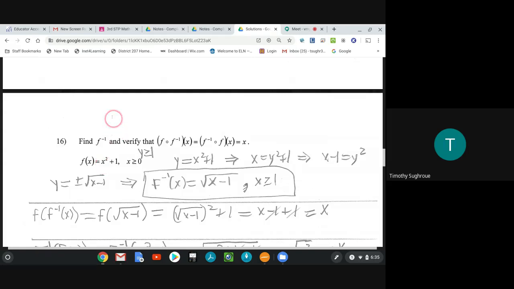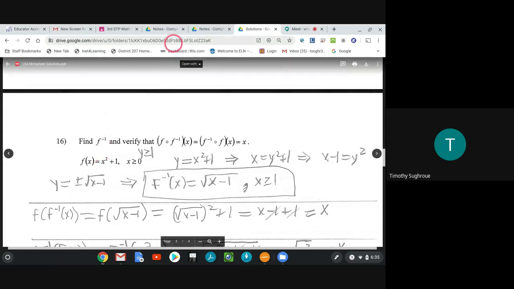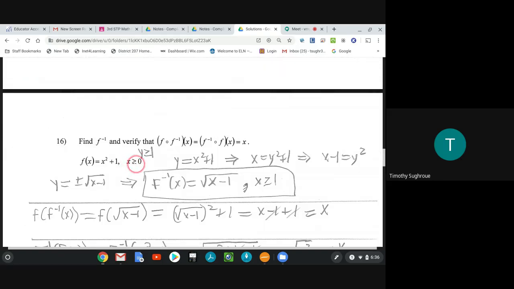It starts at 0, 1, and it opens upward. So we just limit this function to the right-hand side. We eliminate the left-hand side by giving it this domain. Now we can find the inverse of this limited part of this function.